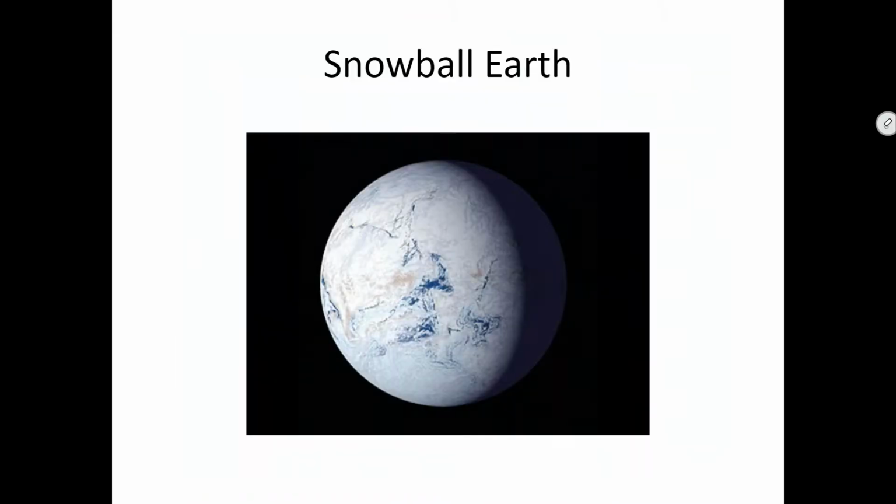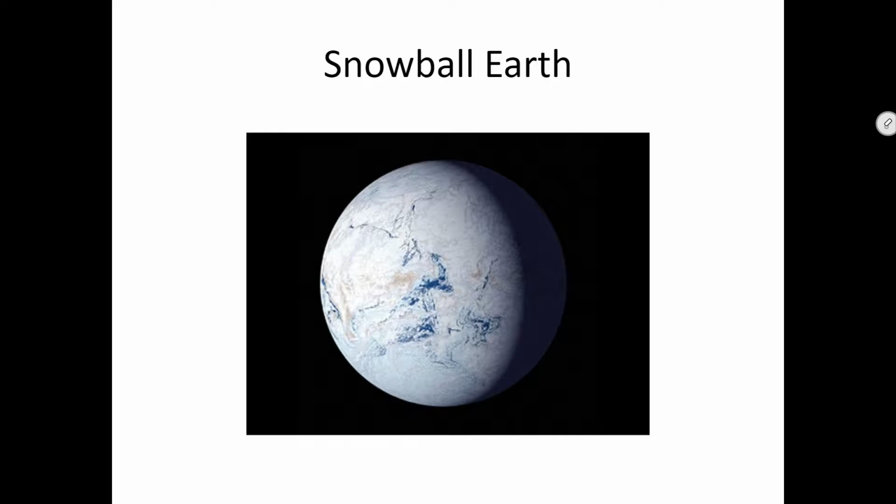And so, here's an example of one we'll talk about, snowball Earth. Well, at some point in the past, the Earth completely froze over. This is going to be bad for life, except for those few life forms that survived. They're going to adapt as the Earth thaws out. There's going to be a wide variety of niches. And so change is going to occur really rapidly.